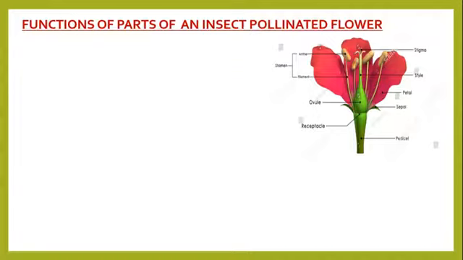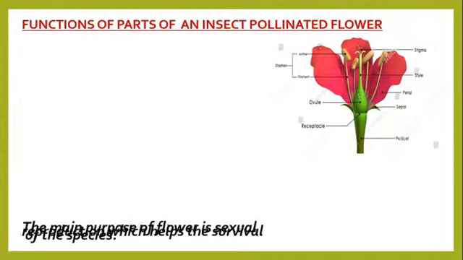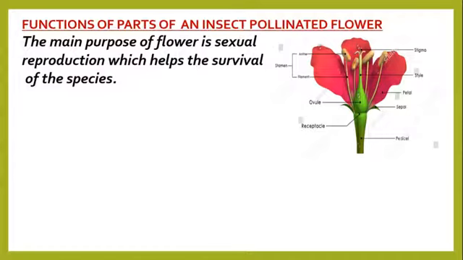So we're saying that the main purpose of a flower is sexual reproduction, which helps the survival of the species. So let's take note of that. The main purpose of a flower is sexual reproduction, which helps the survival of the species.